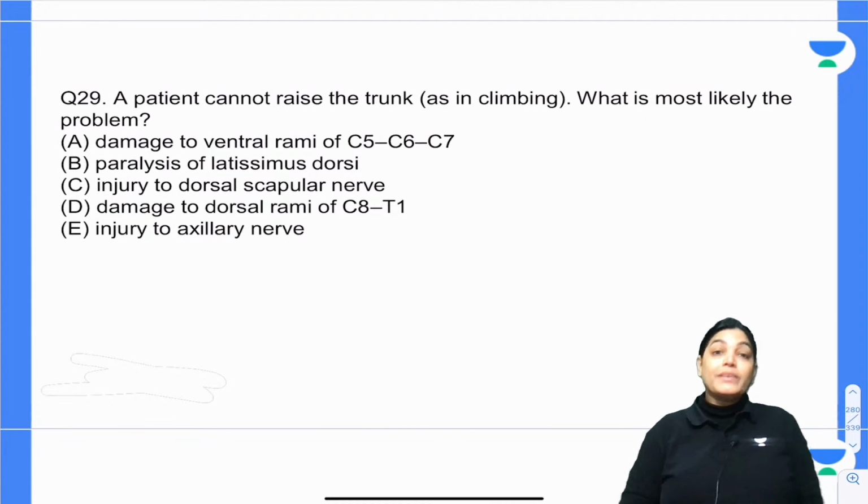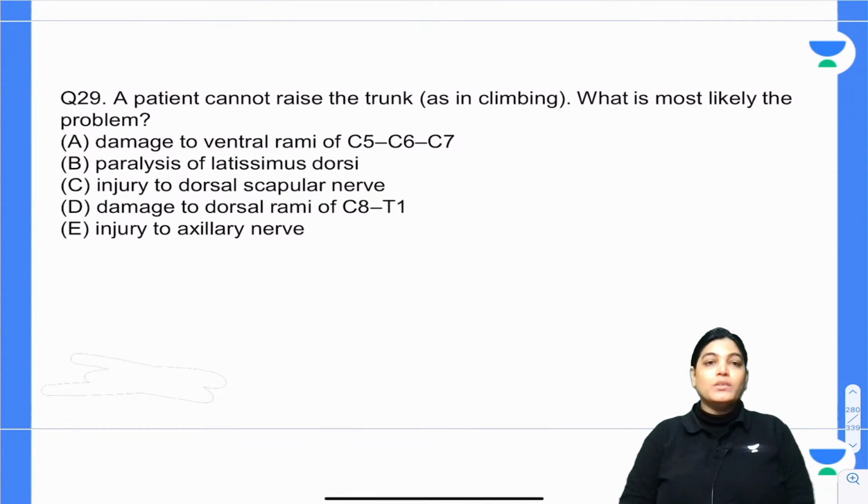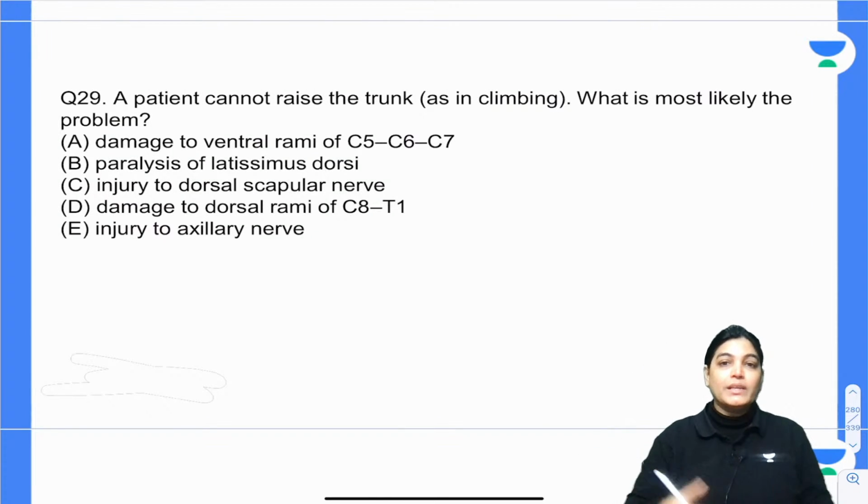A patient cannot raise the trunk as in climbing. What is the most likely problem with the patient? The patient is not raising the trunk as in climbing. So you have to understand in which movement this climbing movement is required.